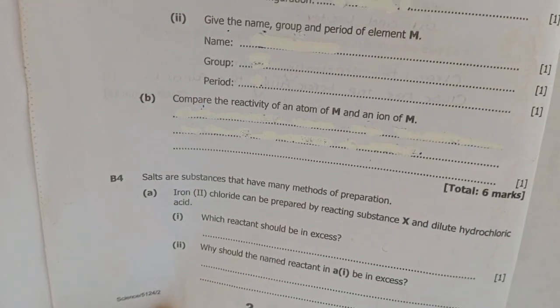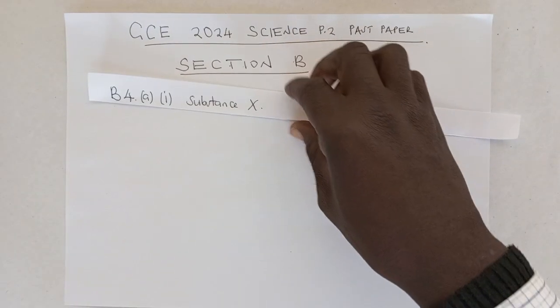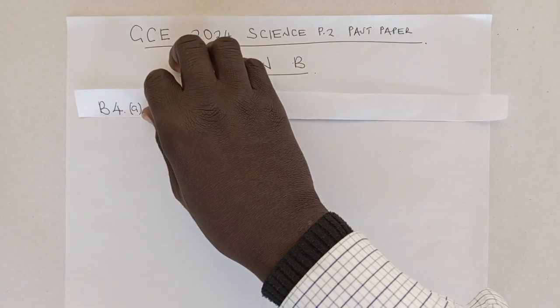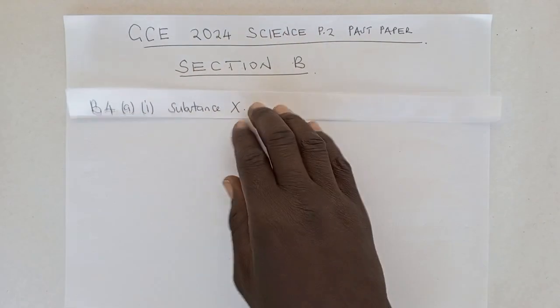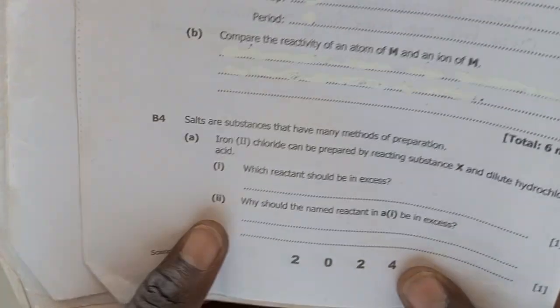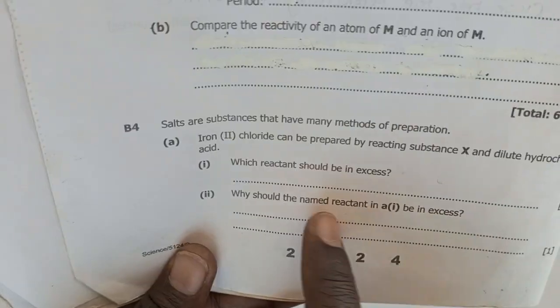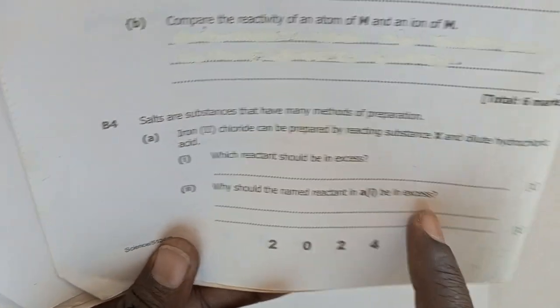So the answer to that question, which is saying which of the reactants should be in excess, the answer is substance X should be in excess in order for it to react completely with the acid. Then question A2 says, why should the named reactant, or why should substance X be in excess?